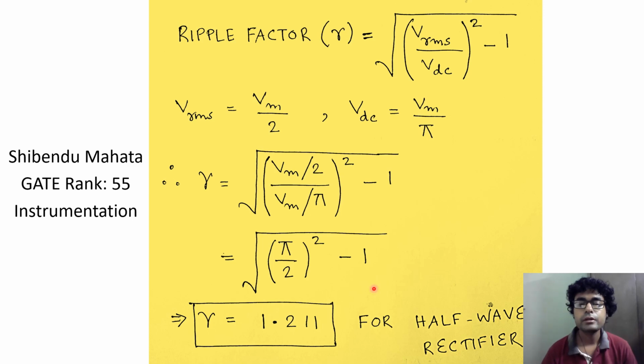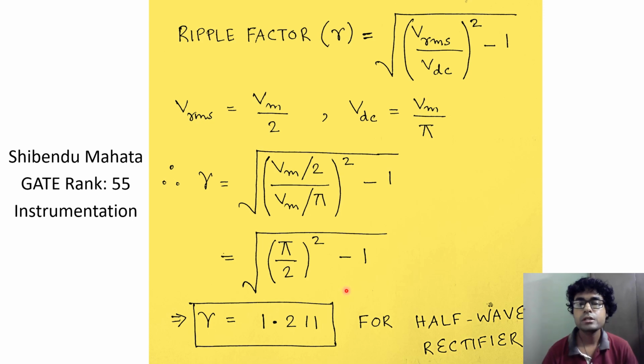Recall that the ripple factor of a rectifier that provides a pure DC output should be equal to 0. There should not be any ripple component present in our output.